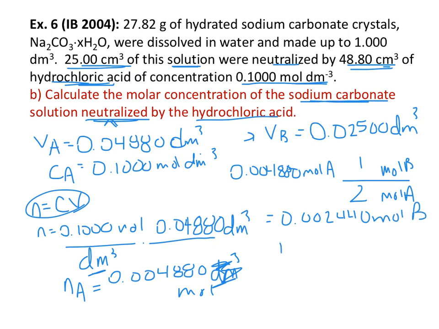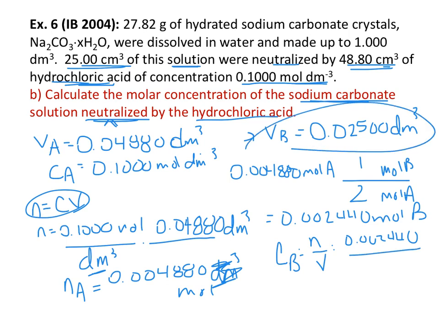Then finally I can find the concentration of the base, which will be the moles per volume using SI units. So the moles we just had, 0.002440, and then we're going to divide that by the volume of the base that they gave us in the question, 0.02500 decimeters cubed.